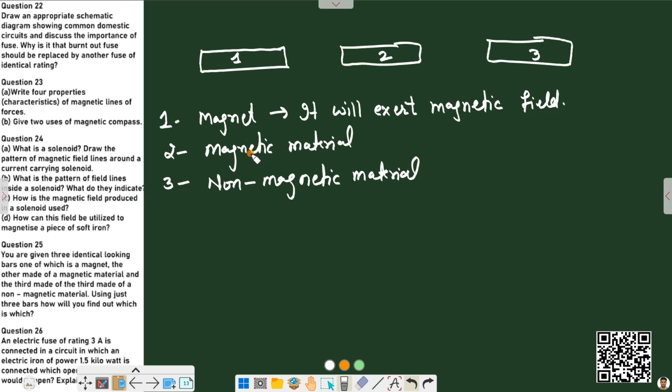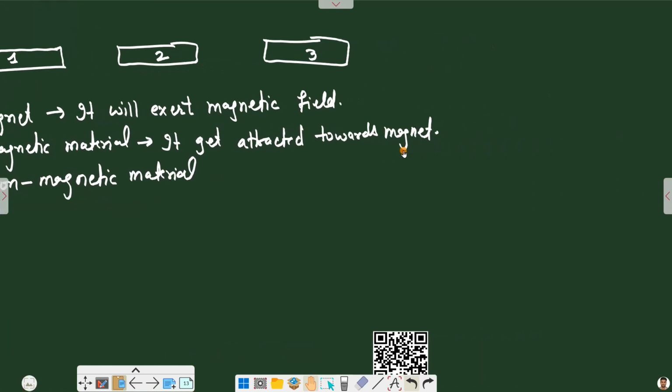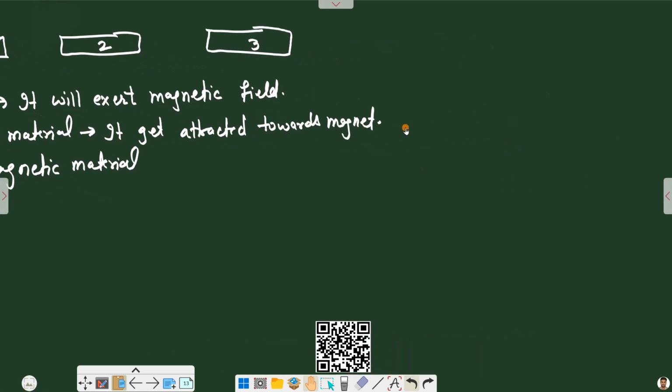Now, if the bar is made of magnetic material, it gets attracted towards a magnet, but it does not have any magnetic properties.